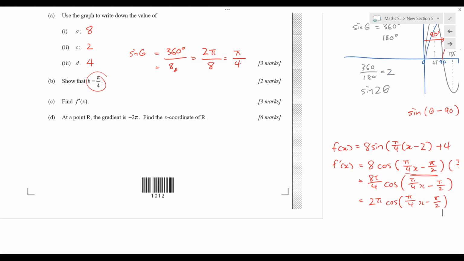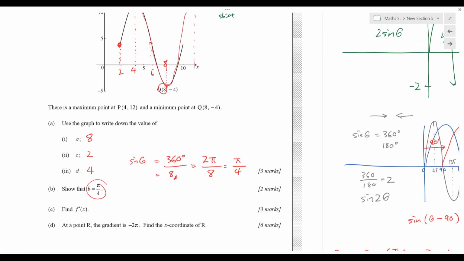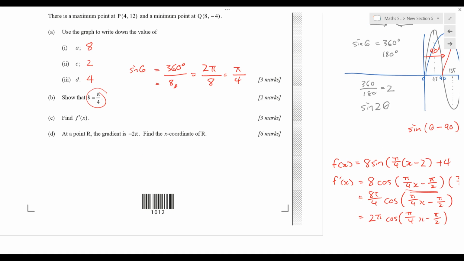Okay, so next part, it says find the gradient. Find the gradient at point R when at the point R the gradient is minus pi over 2.